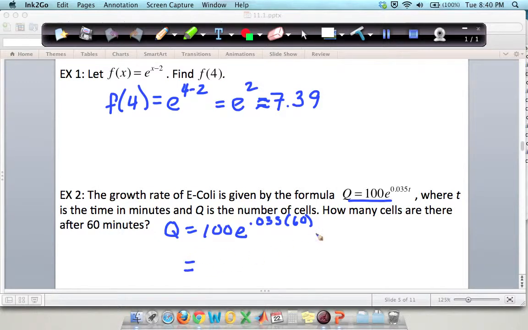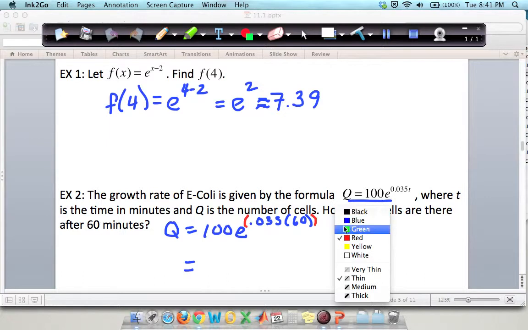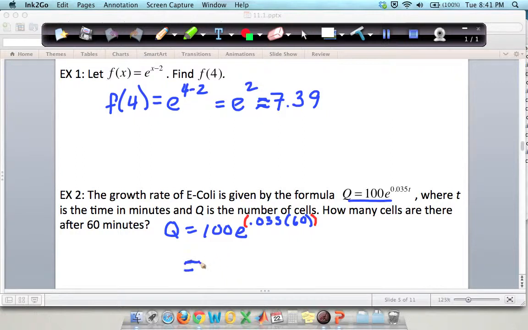So you plug in 60 and put this in, 100 e raised to the power. Make sure you put the 0.035 times 60 in parentheses to show your calculator that all of that's raised to that power. Or you could do this multiplication first, then you don't have to worry about all those parentheses. And when you plug that in, you get 816.6. Let's round to a whole cell. So about 817 cells.